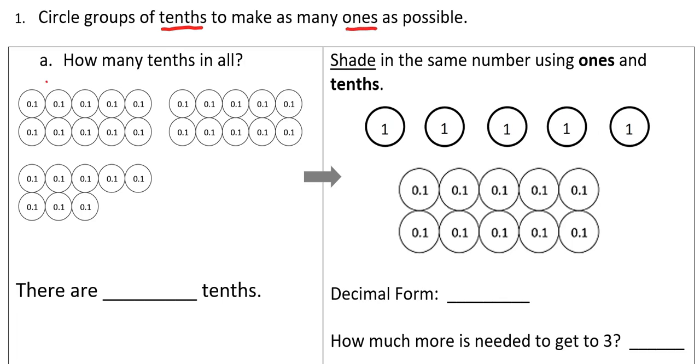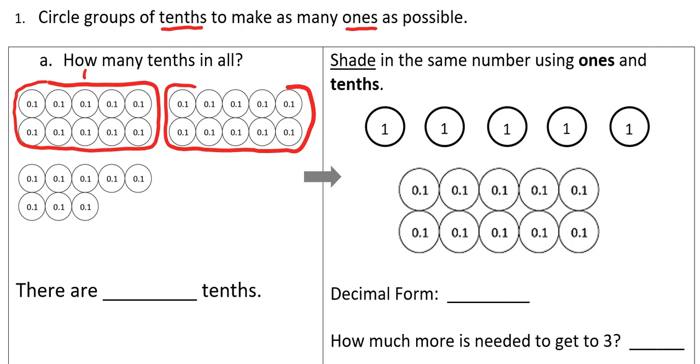In my first box, I'm going to circle this group of 10 tenths because that is equal to one whole. And I can circle another group of 10 tenths, and that would give me a second whole.